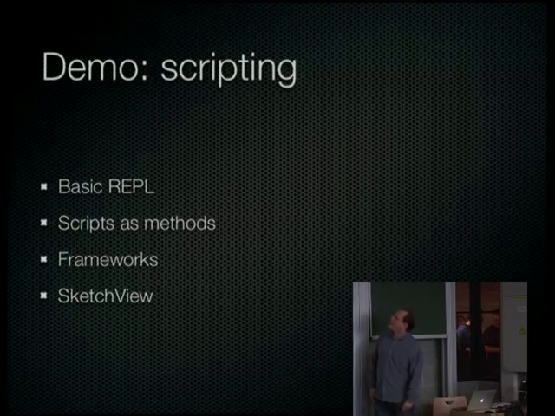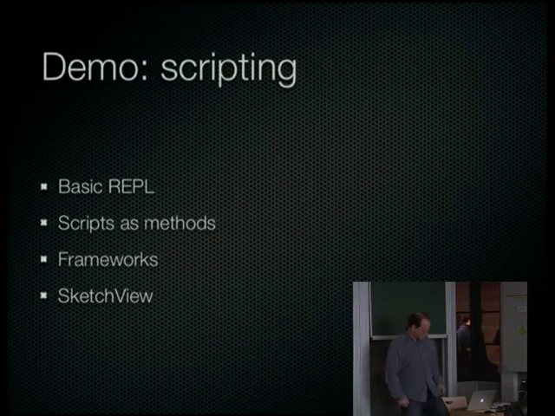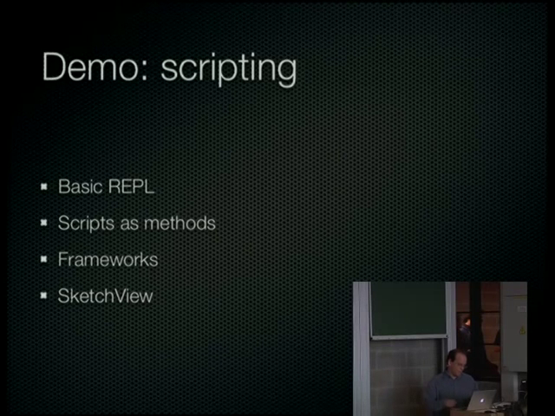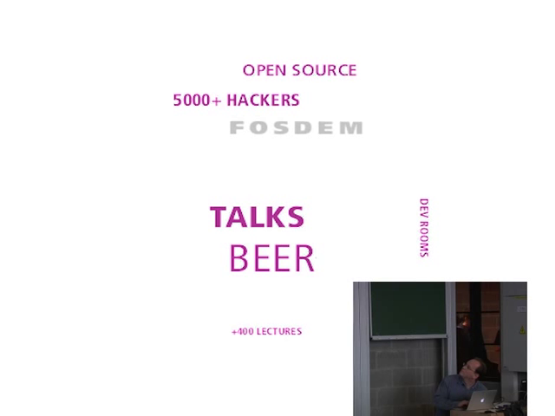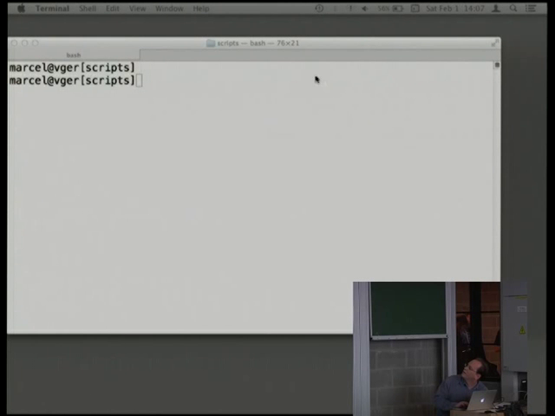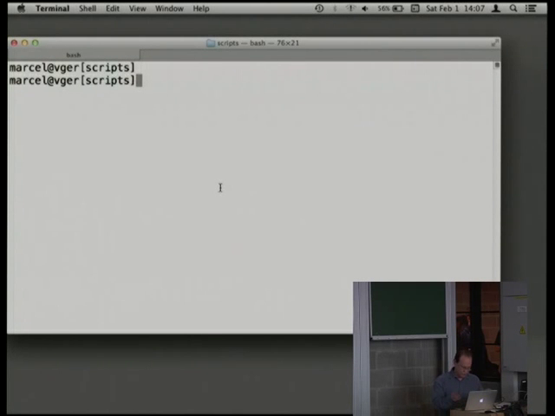So, what do we have? Let's do a little demo. And I hope I can find my cursor. Okay, so we have a Smalltalk scripting shell. And so we can do 3 plus 4. So, yay, it's a Smalltalk.